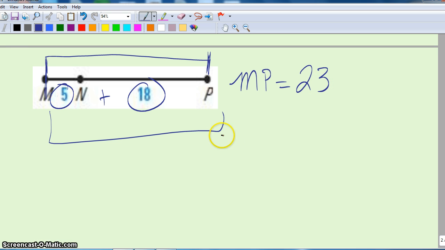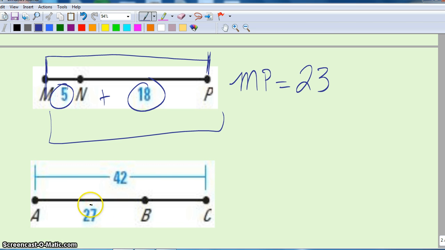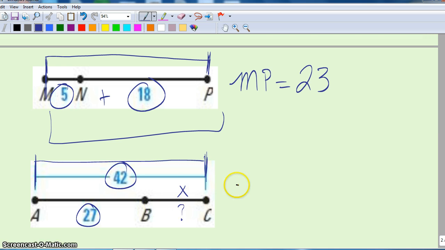Now let's do the converse. Let's switch it up and do another question just like it. In this question, from A to B is 27, and all of it, AC, is 42. You're looking for this piece here, your question mark, your X. How much is BC?